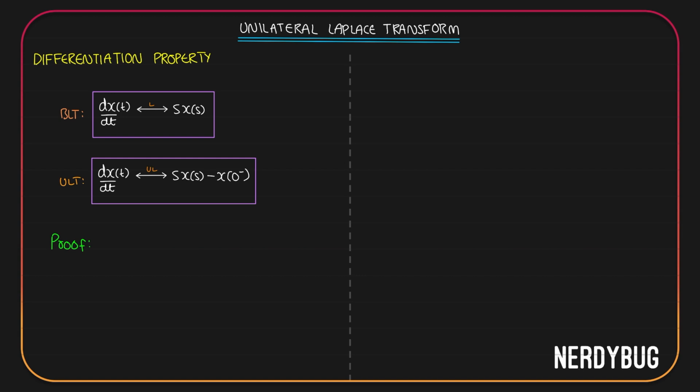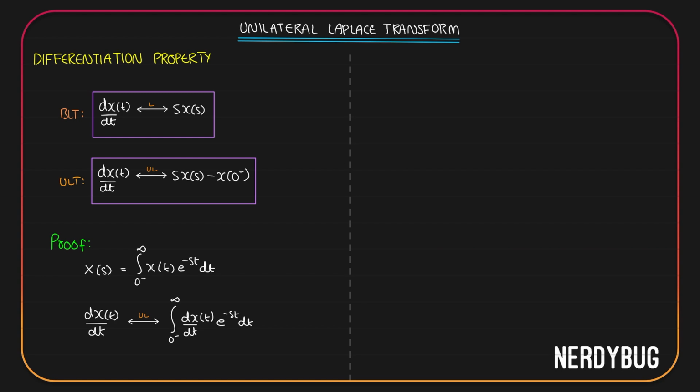Let us prove this. Unilateral Laplace transform of x of t, X(s), is given like this: integral from 0 minus to infinity x of t e raised to minus st dt. Then the Laplace transform of dx of t by dt will be integral from 0 minus to infinity dx of t by dt e raised to minus st dt.